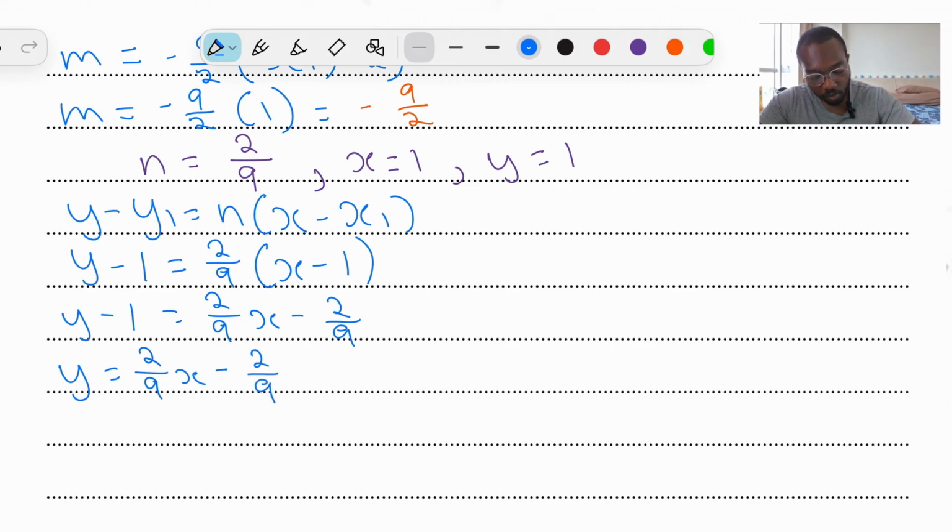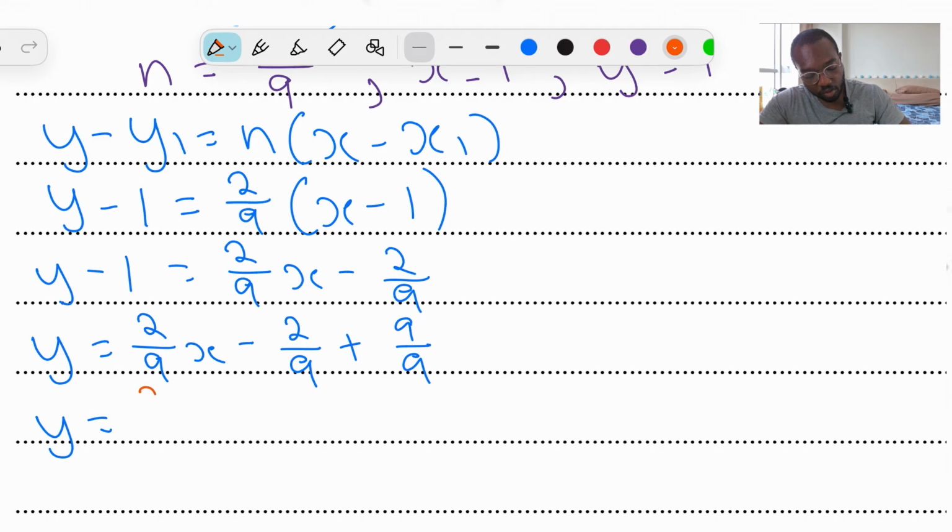Then y is equal to 2 over 9 x minus 2 over 9, plus 1, which is 9 over 9. Therefore, y is equal to 2 over 9 x plus 7 over 9.